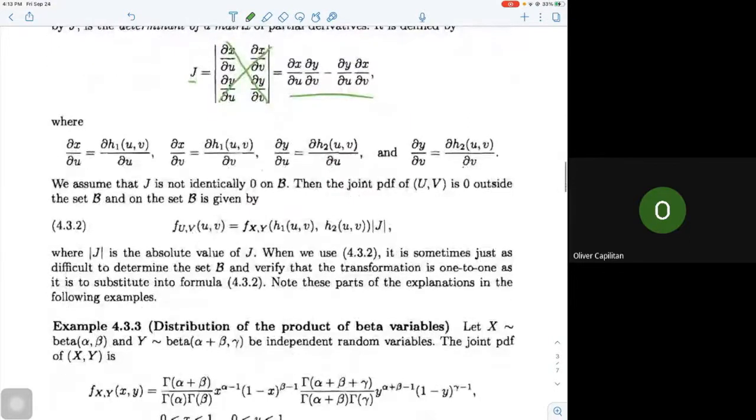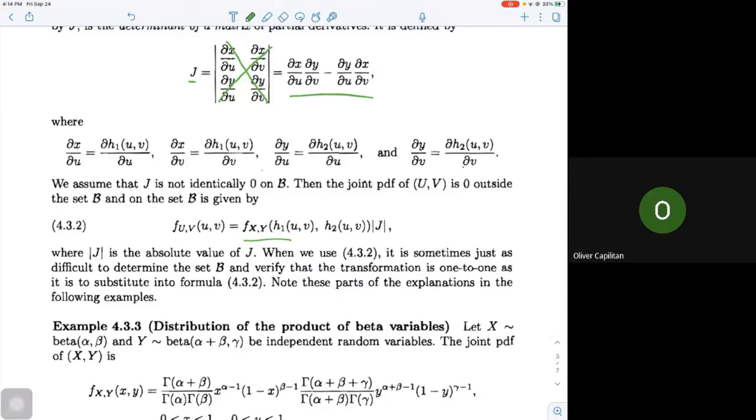Okay, so the joint PDF of uv is 0 outside the set script B, and on the set script B, the joint PDF of uv is equal to the joint PDF of xy evaluated at x and y, which are functions of u and v because they are the inverse of our functions g sub 1 and g sub 2.